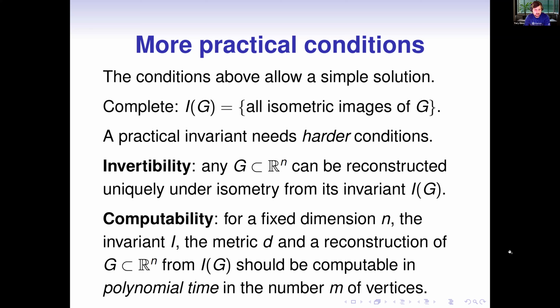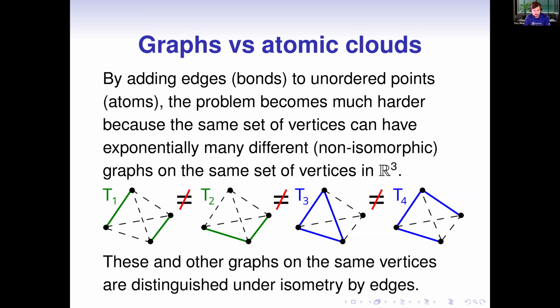So the number of theoretical combinations is much larger for graphs. But in practice, because we're looking at molecules, there are fewer possible connections. So in a theoretical sense this is a much harder problem, but in a practical sense it's not necessarily that much harder.